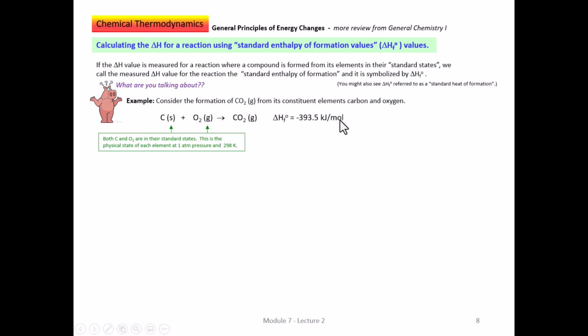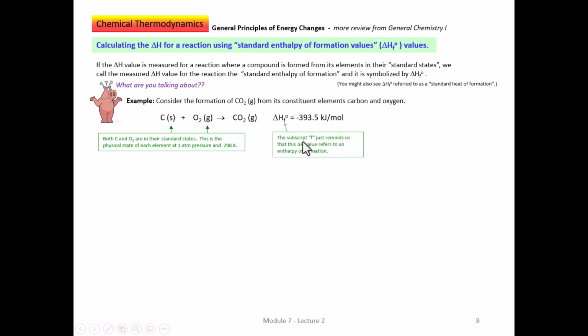And because it's a delta H that's determined for the formation of CO2 from its constituent elements in their standard states, we call it something special. We call it the standard enthalpy of formation.